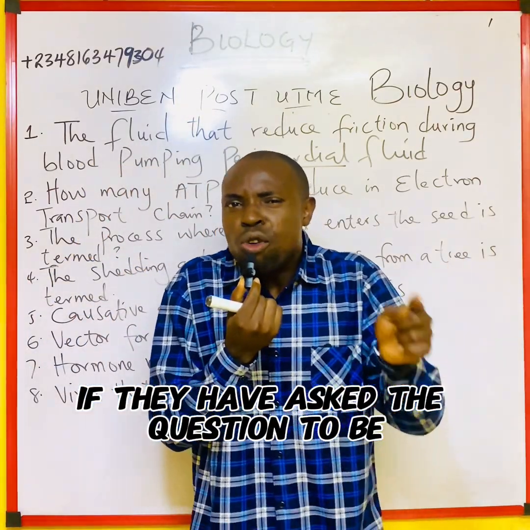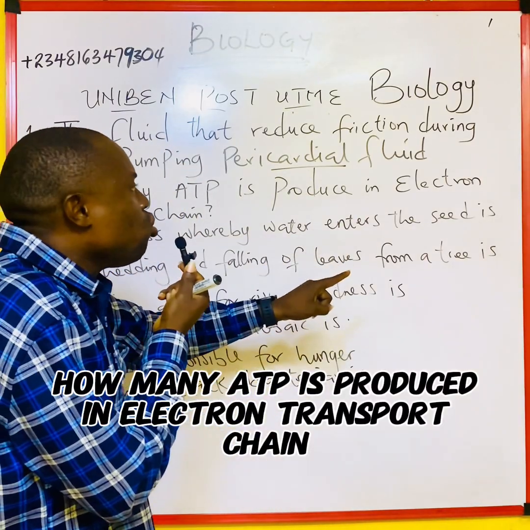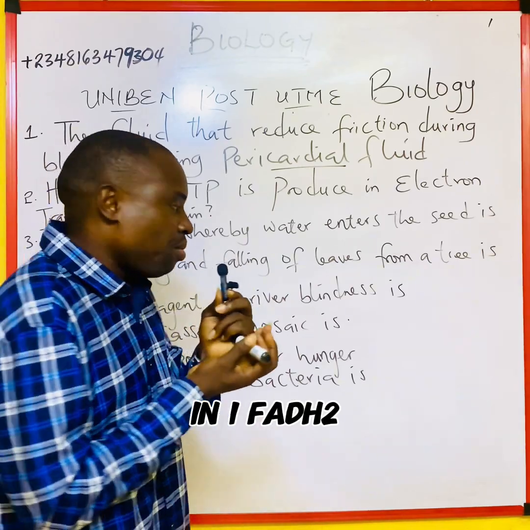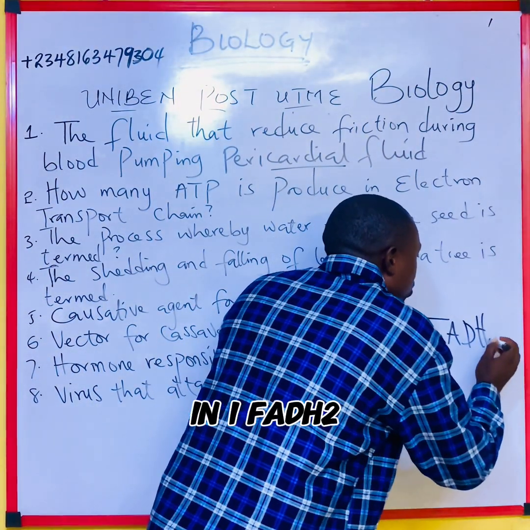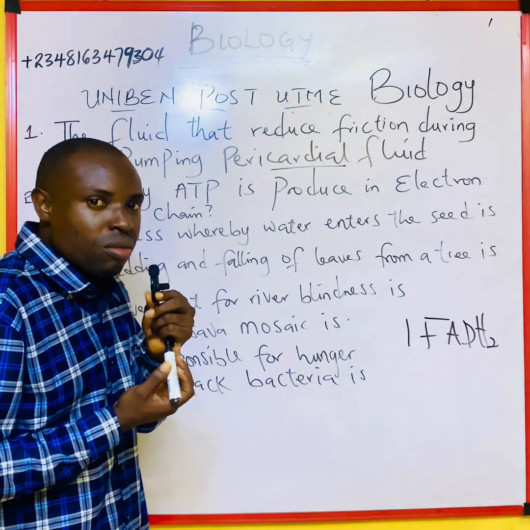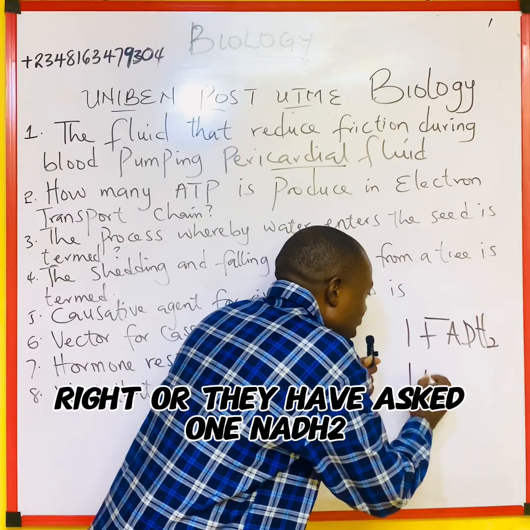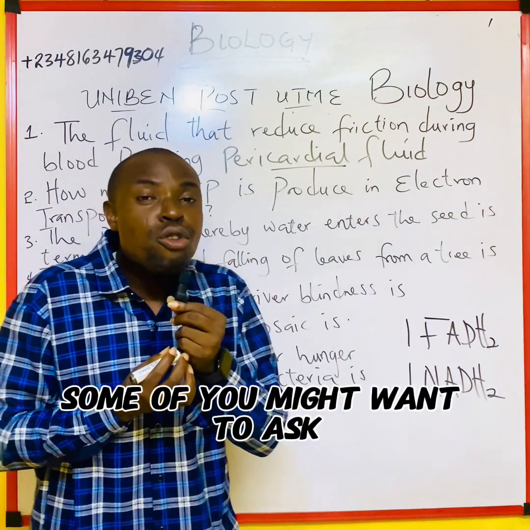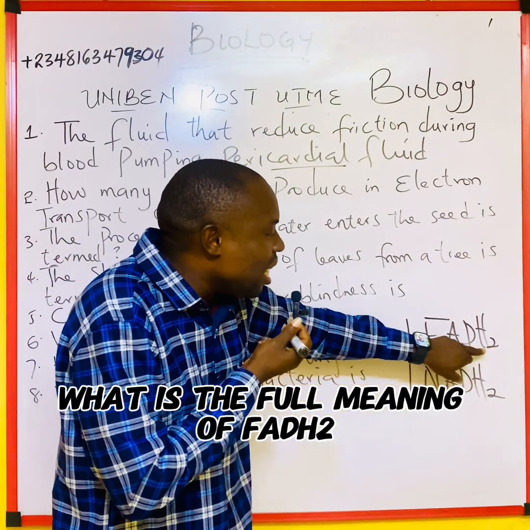If they ask how many ATP is produced in the electron transport chain from one FADH2, or from one NADH2. Some of you might want to ask, what is the full meaning of FADH2?